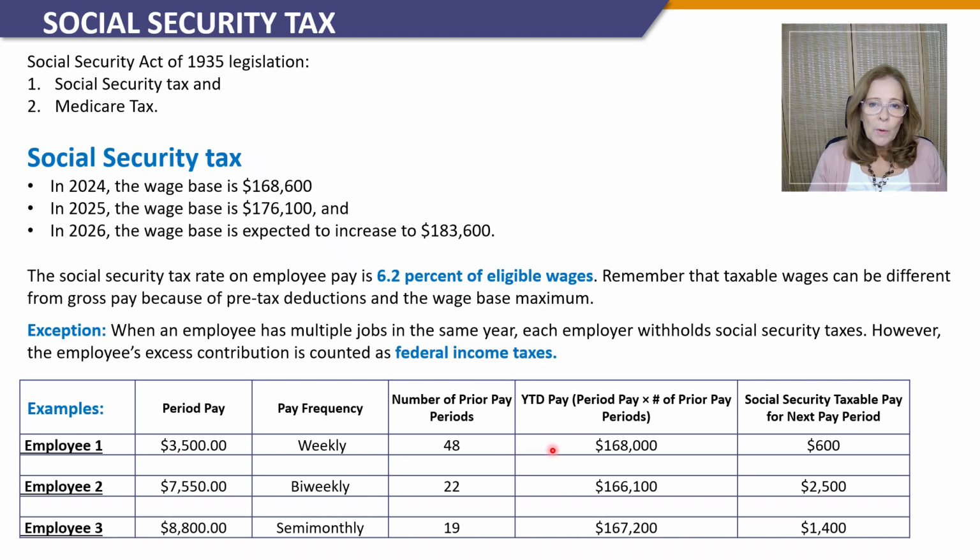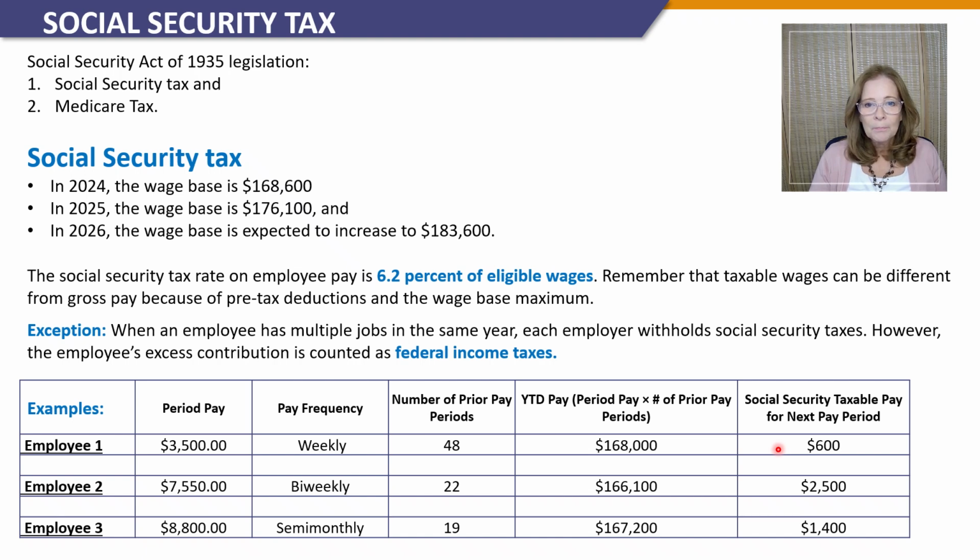The maximum wage base for Social Security is $168,600, and that means that the employee's prior period wages are near the maximum wage amount, and there's only a difference of $600 that are subject to Social Security tax this payroll period.